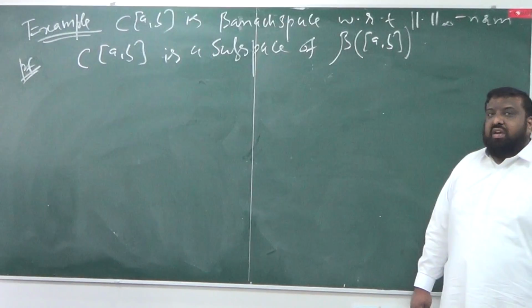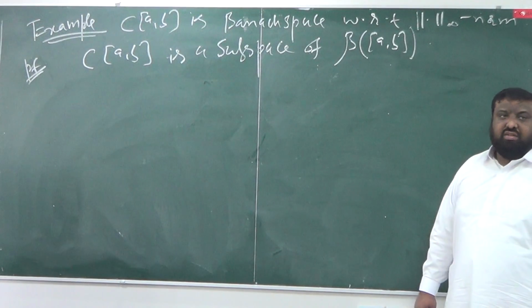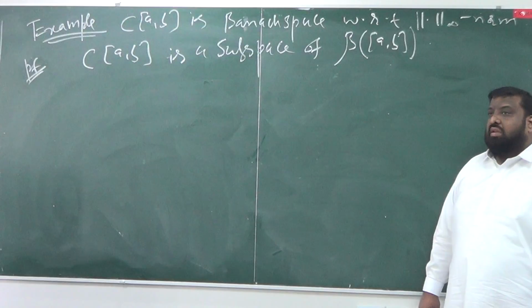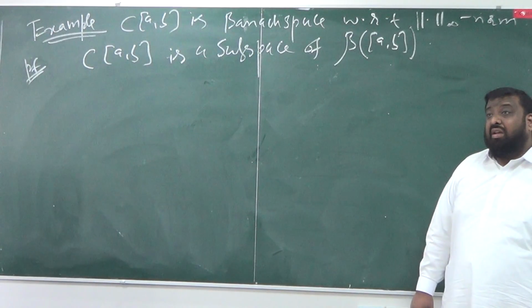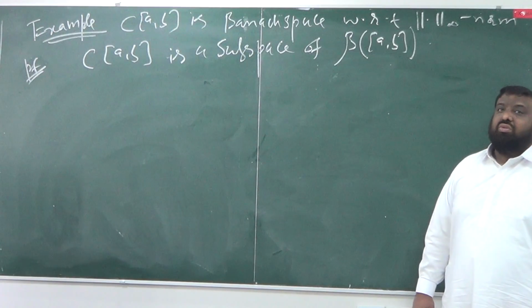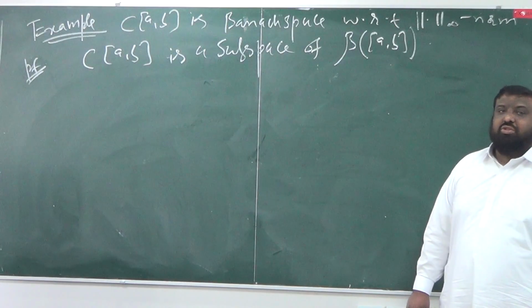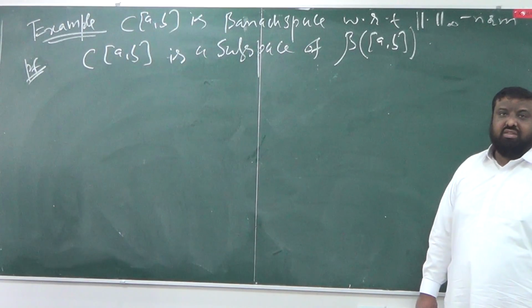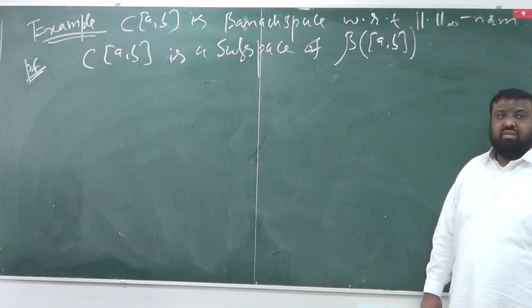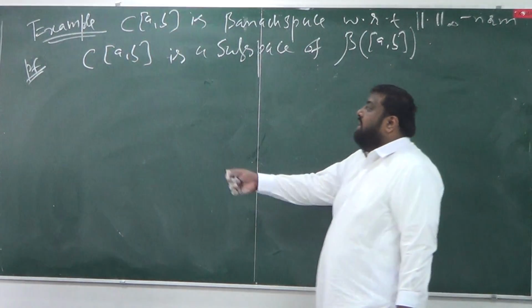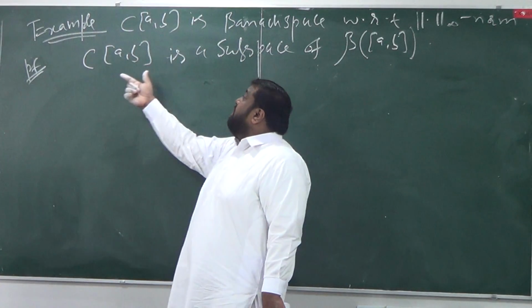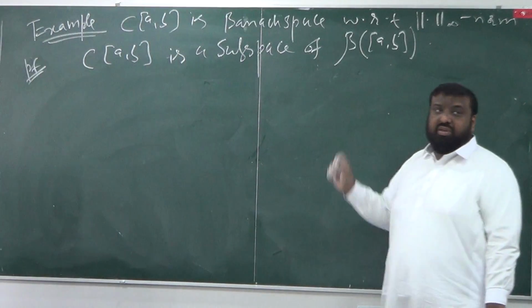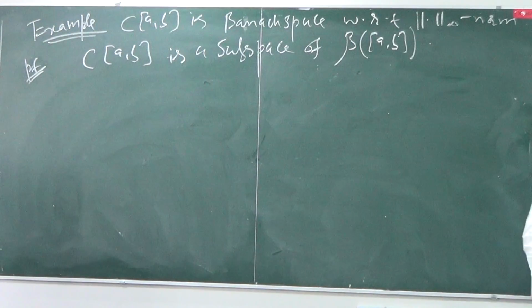And for this it is sufficient to show that every element... not C[a,b], no. Just showing it is a subspace is not sufficient. So I need to show that this is a closed subspace. We know that every closed subspace of a complete space is complete.